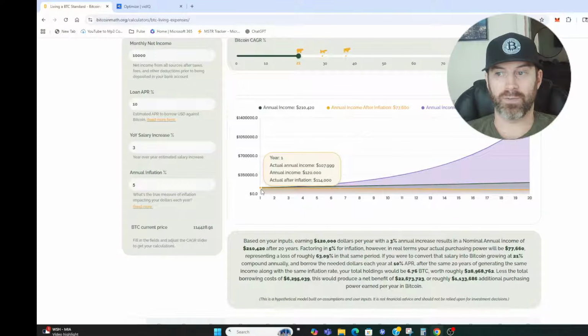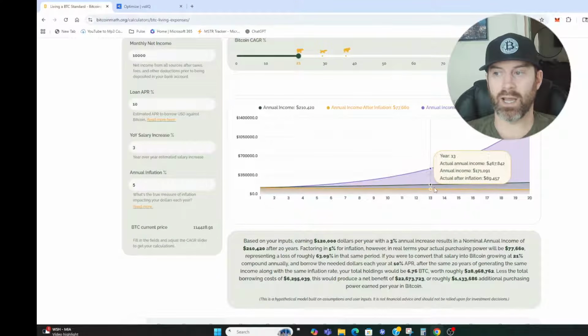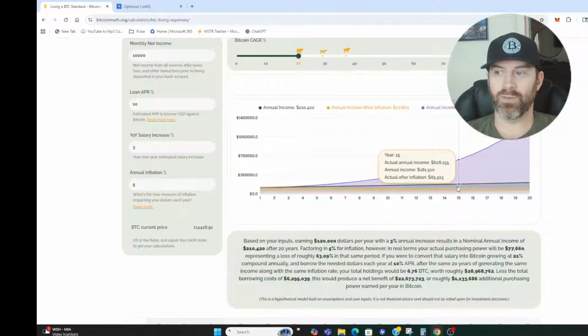Now you can see at first the impact from inflation is less severe, but over time, what happens? Well, in year 15, your annual income is all the way up to $181,000. But because of the inflation rate, that $181,000 only buys you about $86,000 worth of stuff, right? So in this particular model, based on these numbers, your standard of living is going down over time.